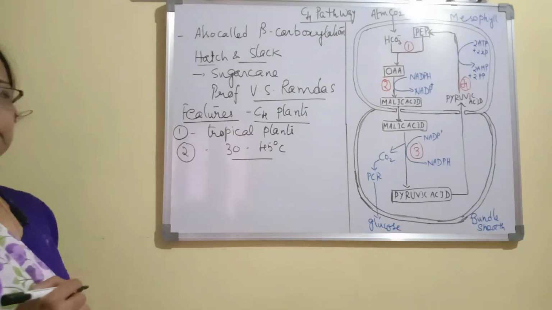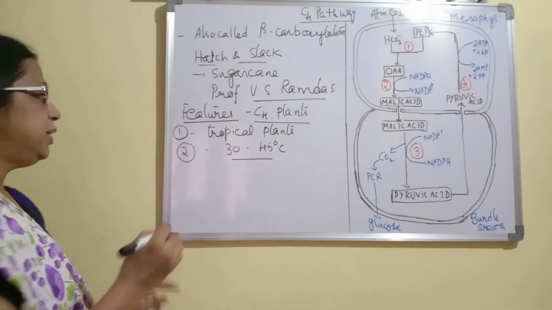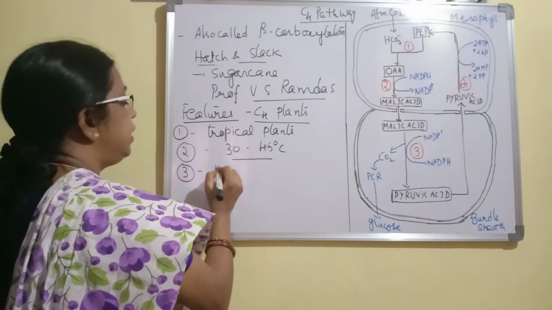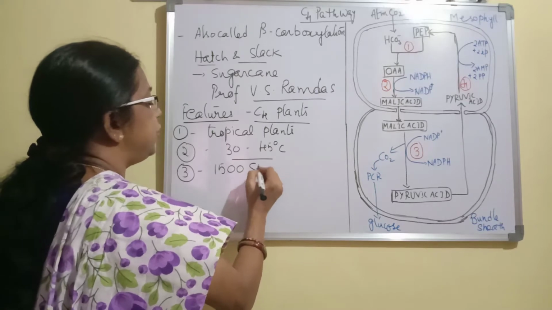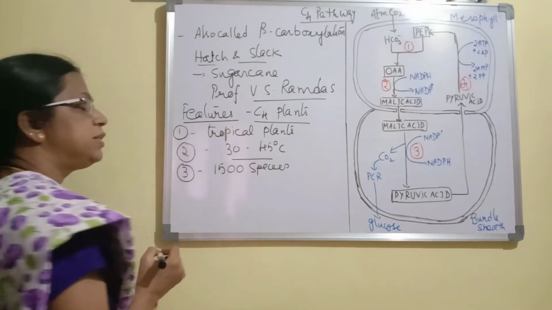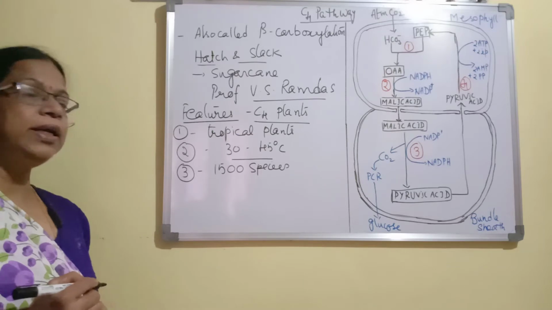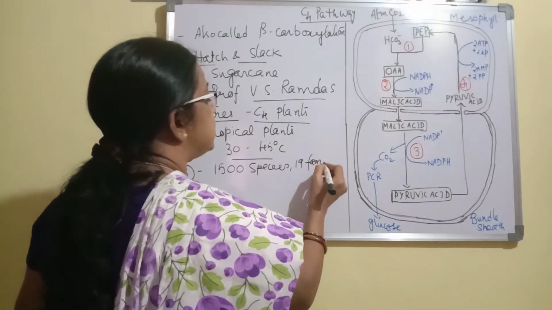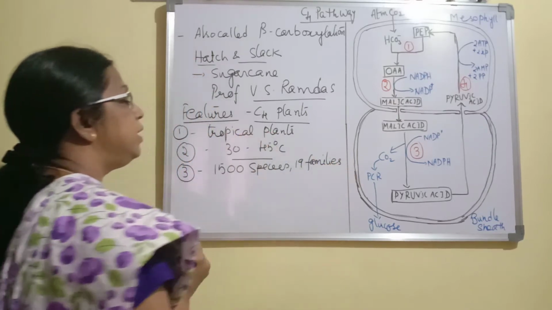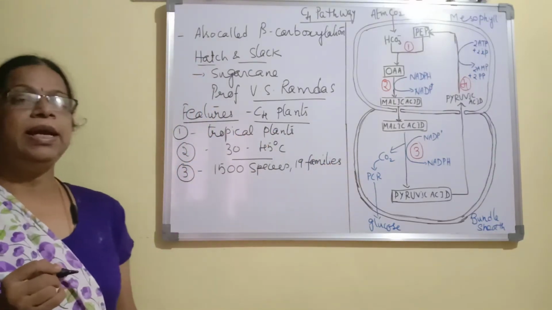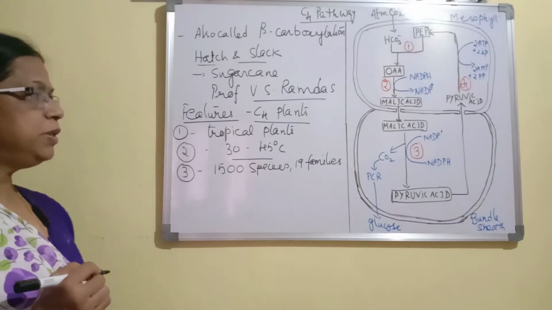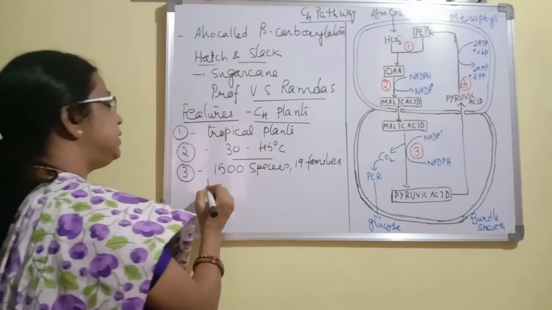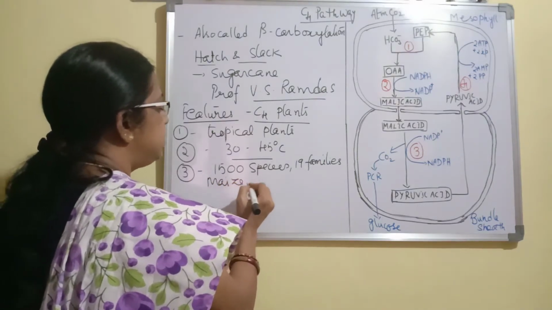They are studied in both dicots and monocots, in about 1500 species belonging to 19 families. These include both dicots and monocots, that is, angiospermic families.